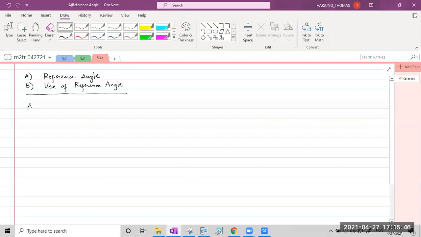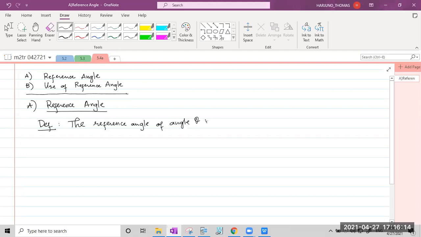Okay, reference angle. Definition. The reference angle of angle theta in standard position is denoted theta hat. That's actually the most common notation for reference angle.